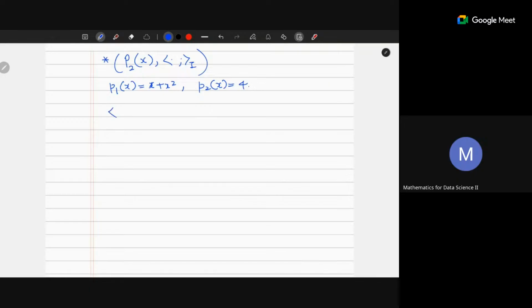For that, we need to find their inner product. So it is the integral of x plus x square times 4 dx. Now what is the value of this integration? Can anyone solve that?